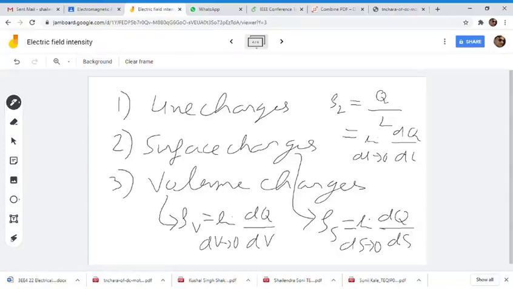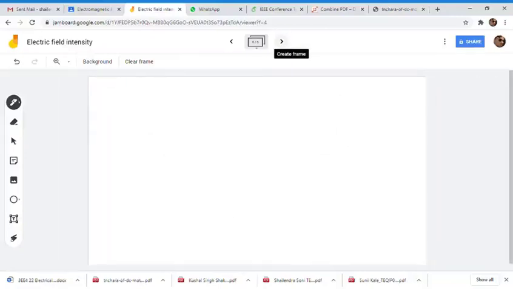So let us determine electric field intensity due to a line charge.